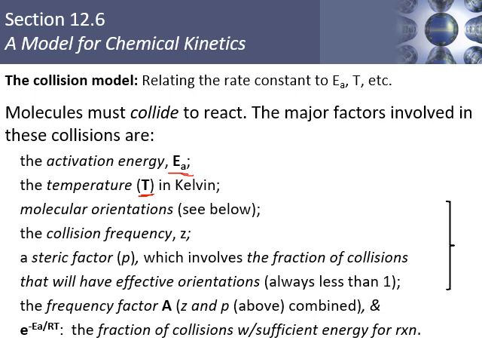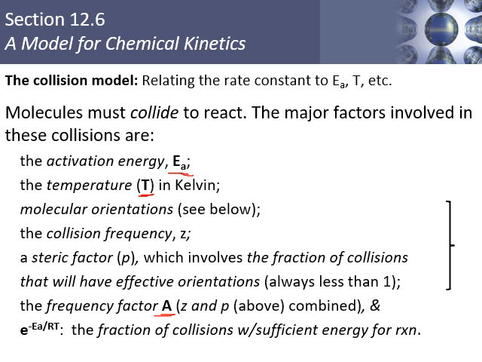All right, so there's some stuff here that you don't really need to know. So let's get down here to this A thing. What they're saying above this is that you have a certain number of collisions that are happening, which they're calling Z, but you don't need to remember that. And then you have a steric factor, P. Again, you don't need to remember this, which is how many of those collisions that are happening will have the right orientation.